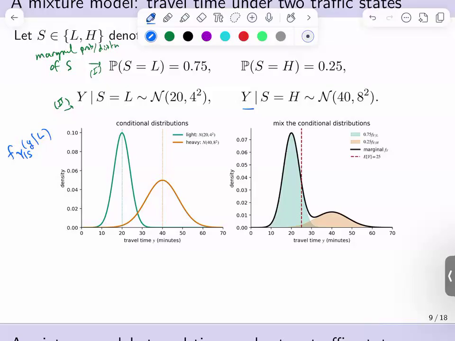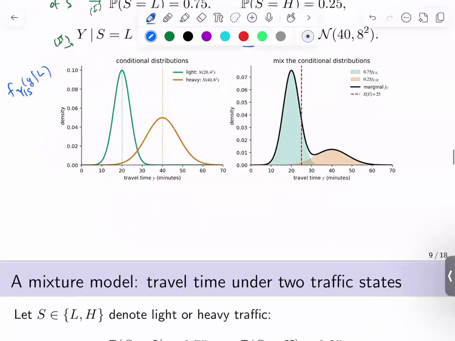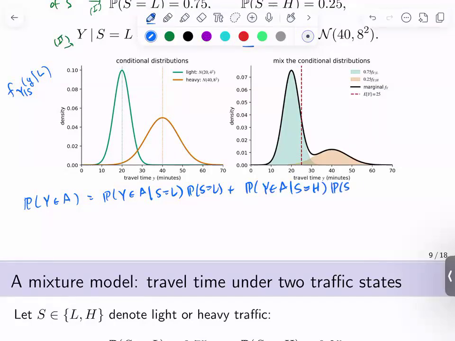For example, when I calculate the probability that Y is in A, I can write it as the probability that Y is in A conditional on S being light times the probability of S being light, plus the probability of Y in A given S is heavy times the probability that S is heavy.